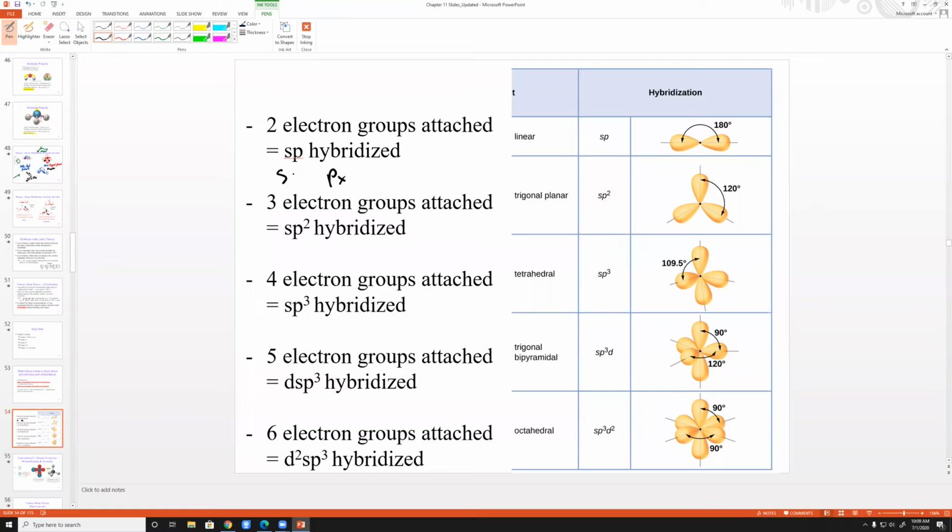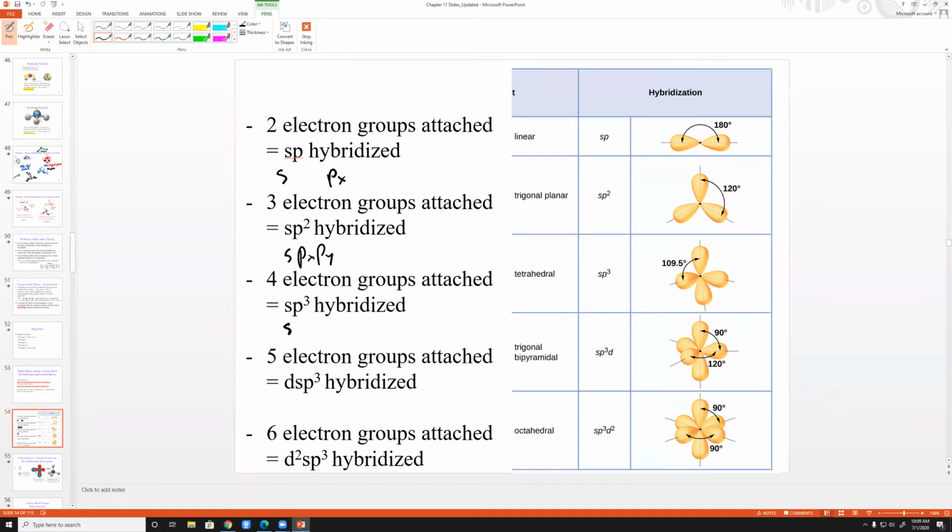The idea is that when you're adding more electron groups, they will fill more p orbitals. So the next one would be s, px, py, which you call sp2 hybridized.